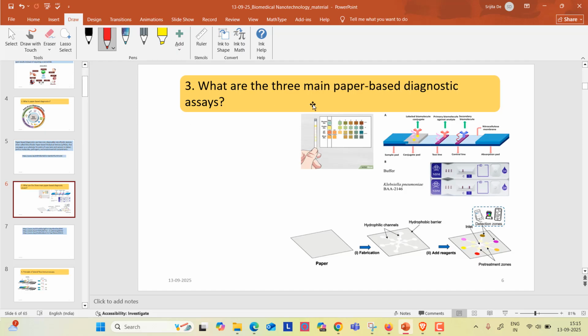What are the three main paper-based diagnostic assays? Tell me what are the three main.